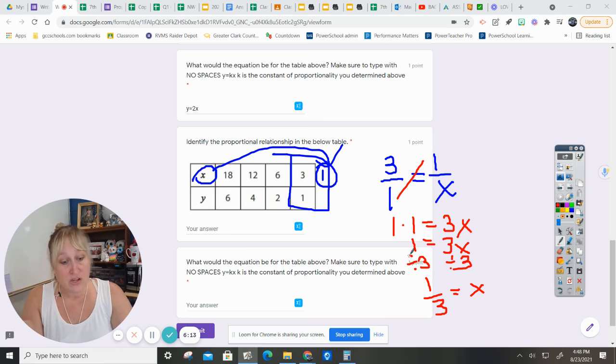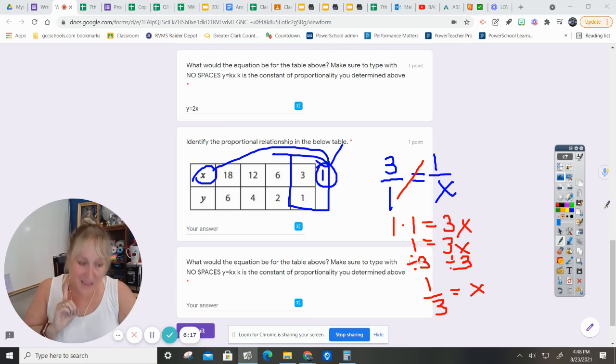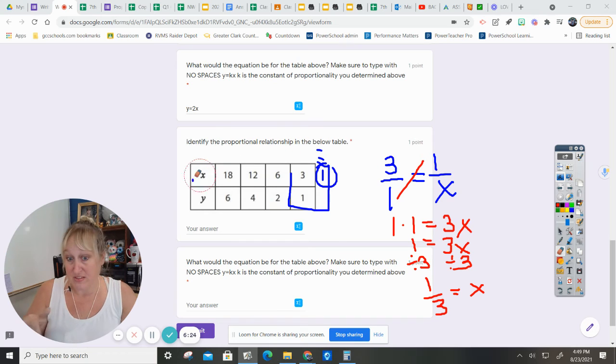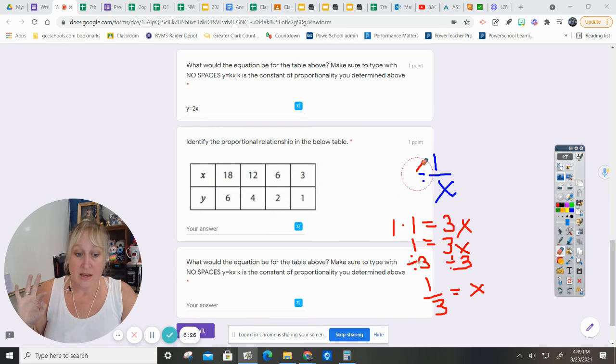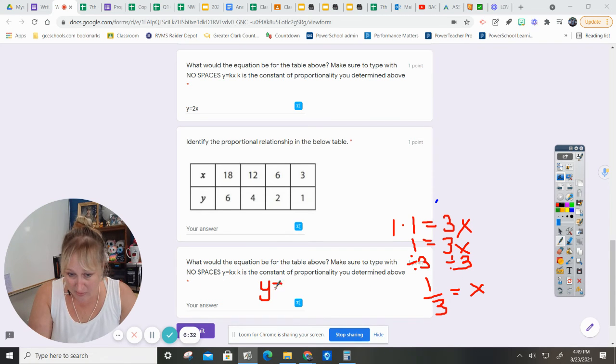So this one's a little trickier because it says I can't write it as a fraction. But let's test things. My hypothesis is that our equation down here is going to be y equals 1/3, which means divided by 3, x.